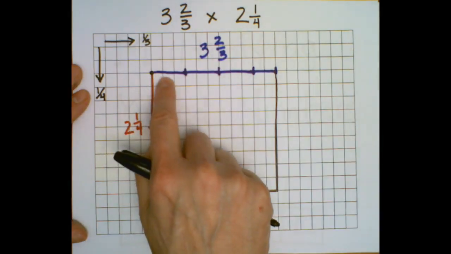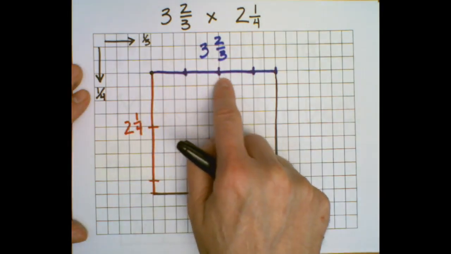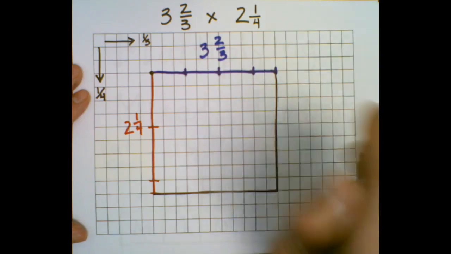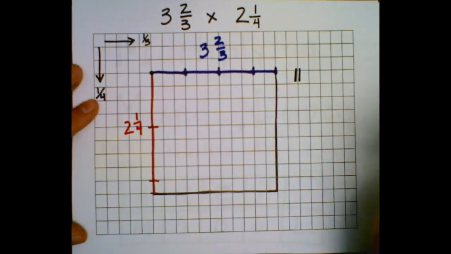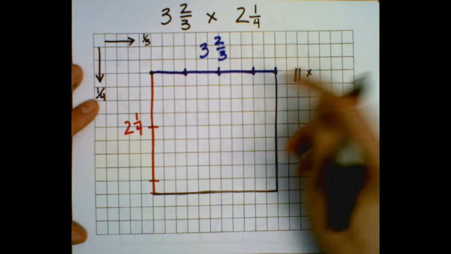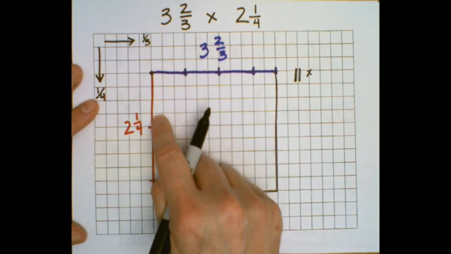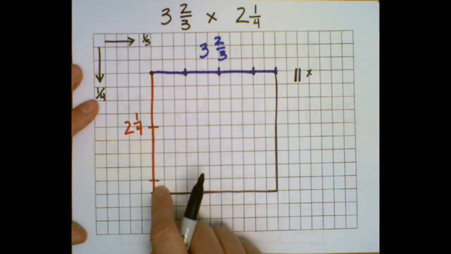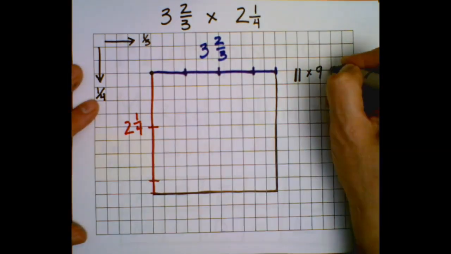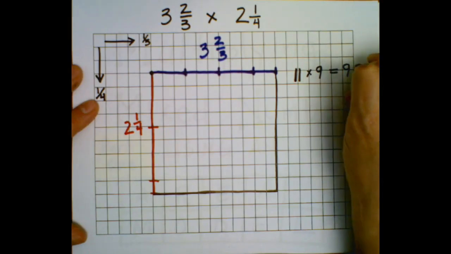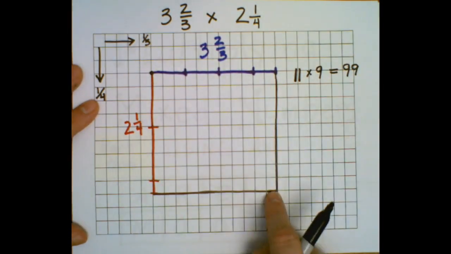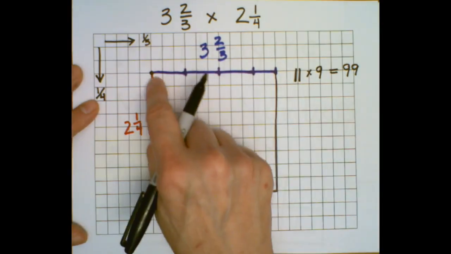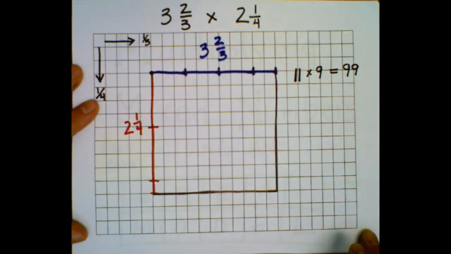So I've got 1, 2, 3, 4, 5, 6, 7, 8, 9, 10, 11 squares going across. And going down, I've got 1, 2, 3, 4, 5, 6, 7, 8, 9. So I know that I have a total of 11 times 9, or 99 boxes inside of my rectangle that's going to represent the area.